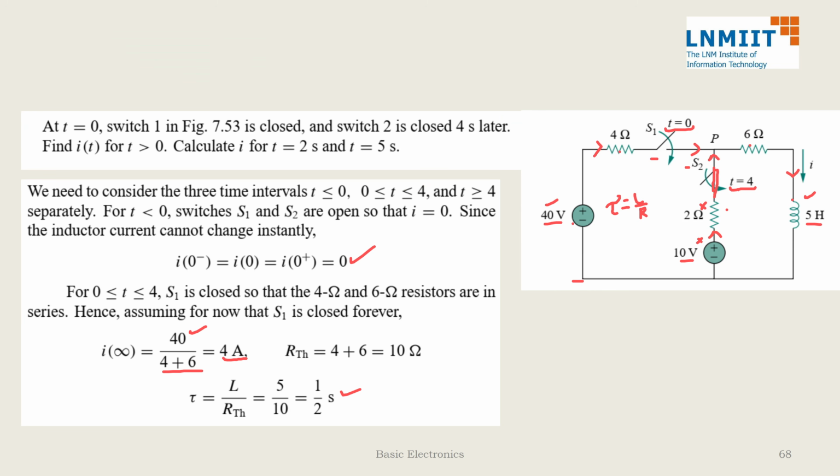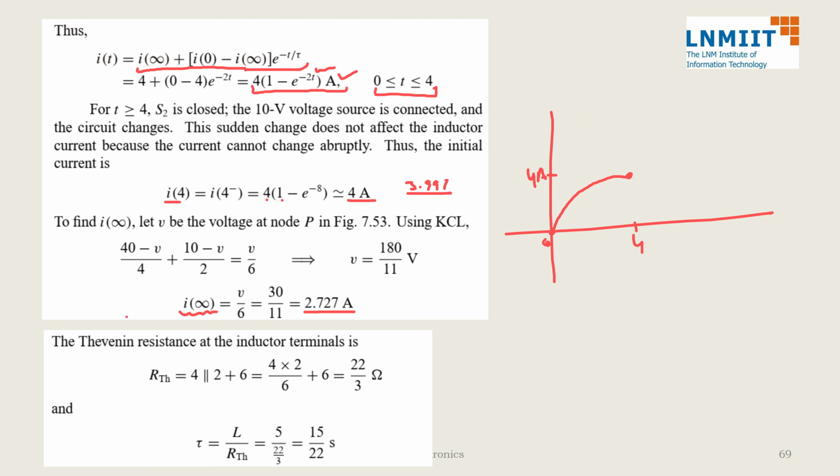To find R Thevenin, I will make this a short circuit, this a short circuit. That means 4 ohm is parallel to 2 ohm, and whatever is their combination is in series with 6. So 22 by 3 is R Thevenin, L is 5, so tau is 15 by 22.